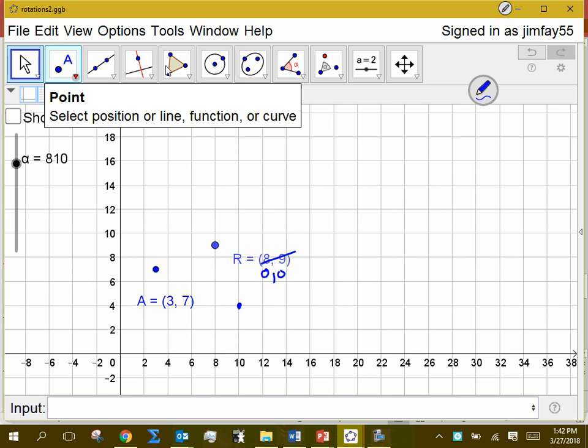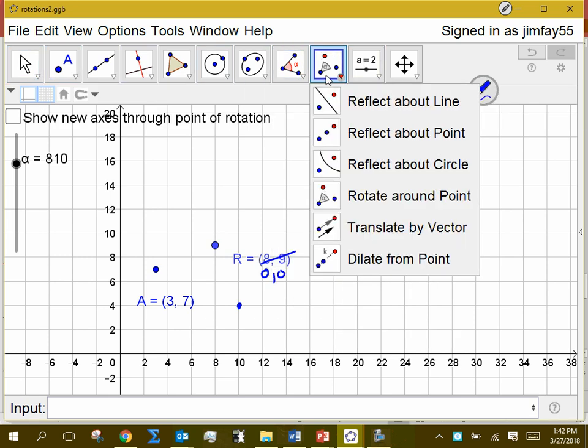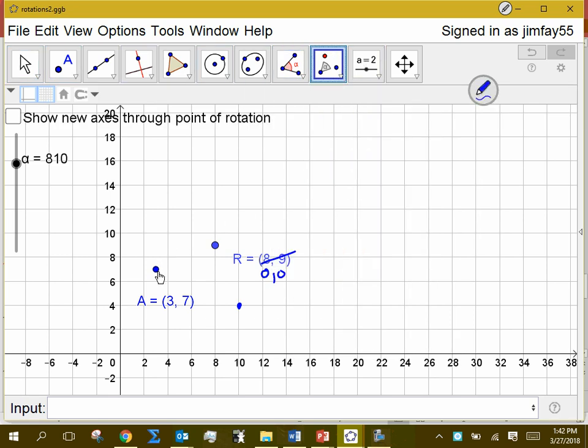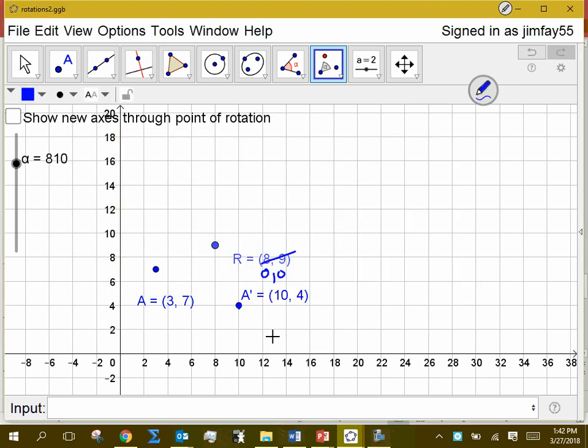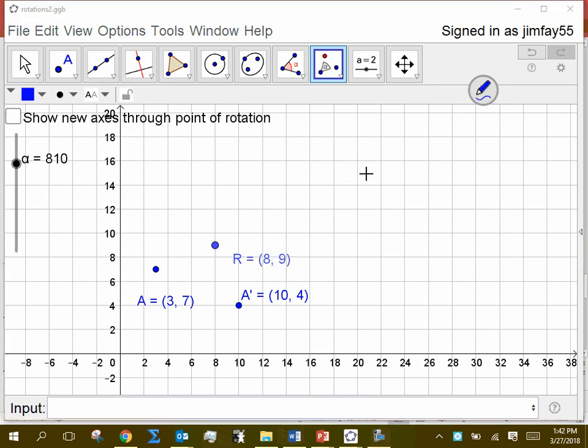So if I ask GeoGebra to take this point A and rotate it around R 90 degrees counterclockwise, does it show up right there at 10, -4? Yes. Now if I don't change the 3, 7 and use my rule that says A, comma B turns into the opposite of B, comma A, I would get -7, comma 3, and that is not this number here, right?